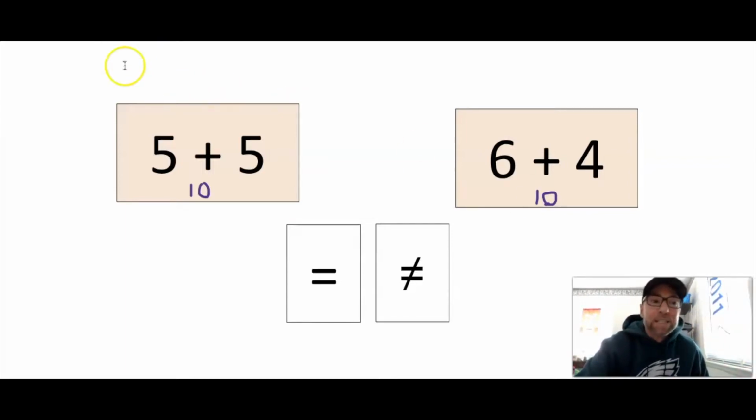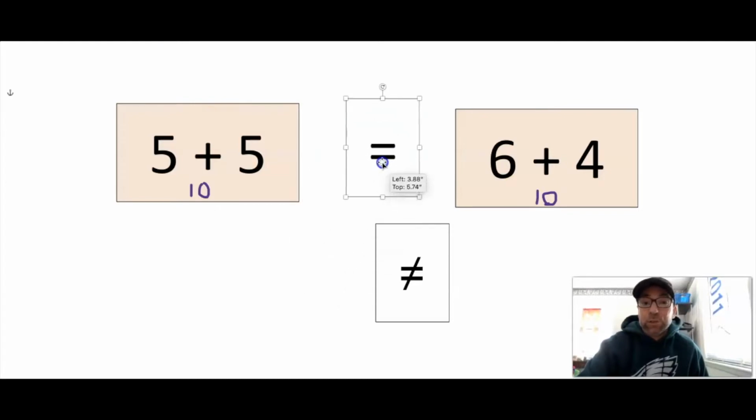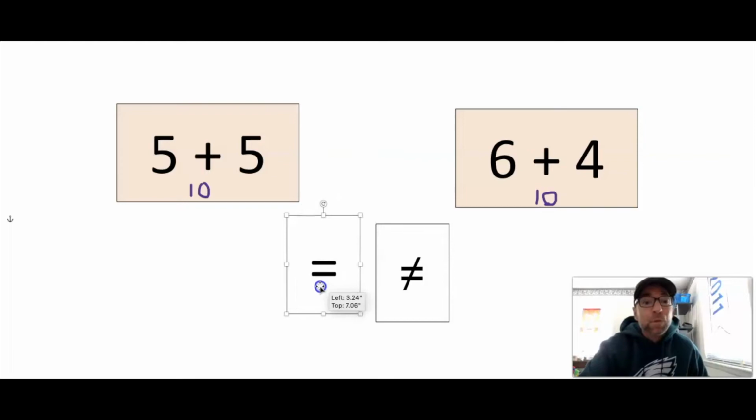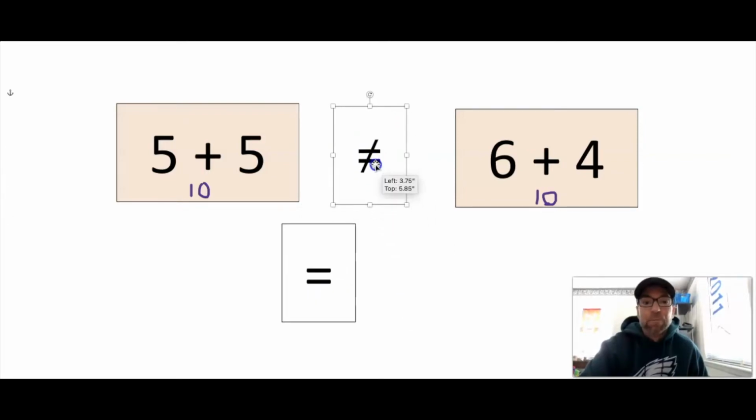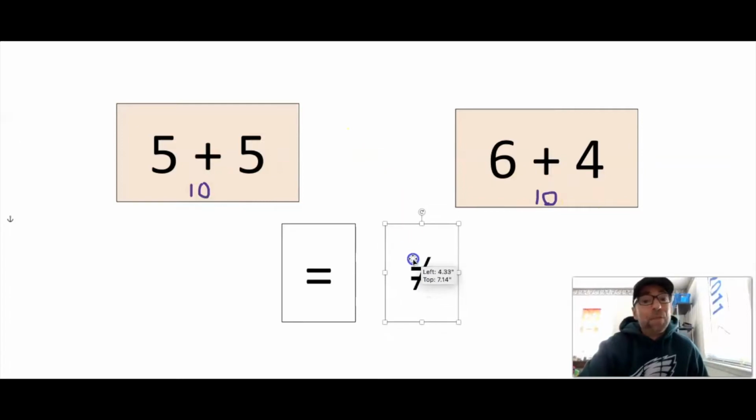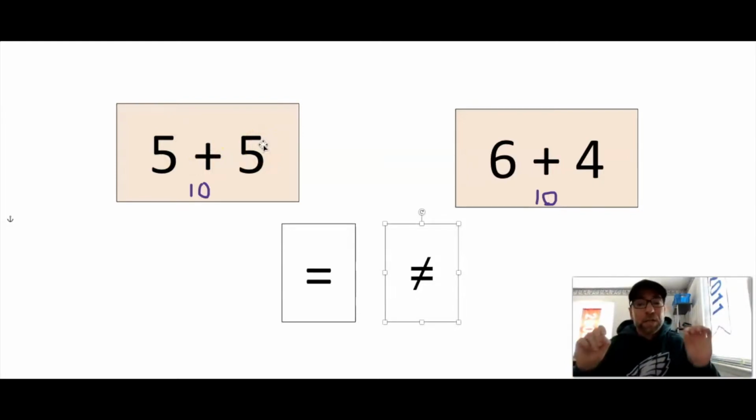So we have to decide, is it true? Are they both the same value? Or is it not true? Are they different values? Well, the problems may look a little different, 5 plus 5 and 6 plus 4. They're certainly not exactly the same, but their answer is the same.